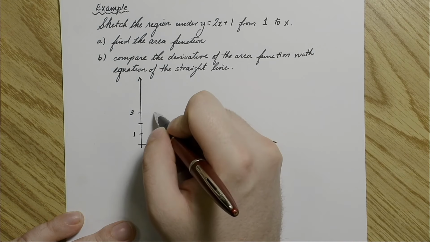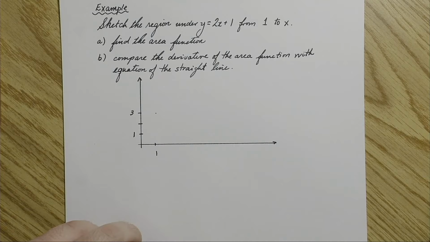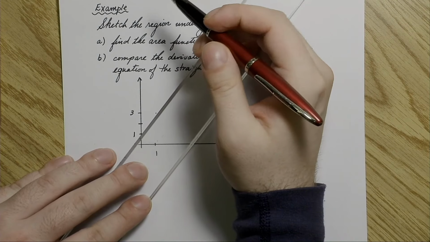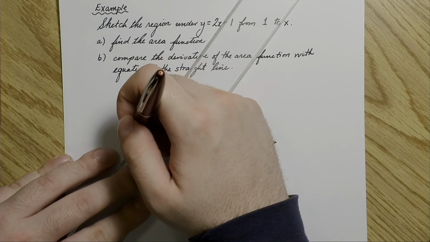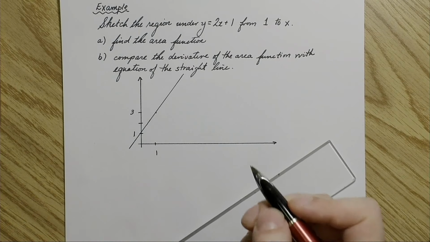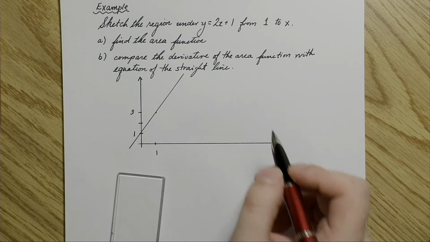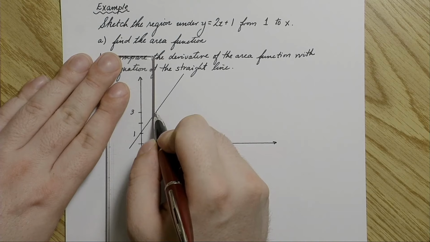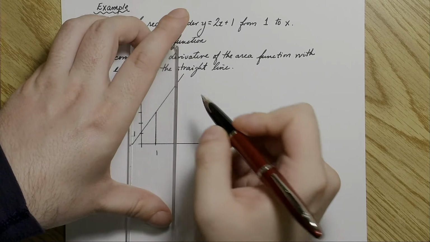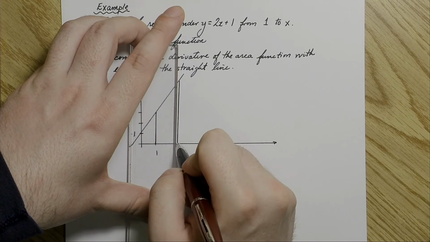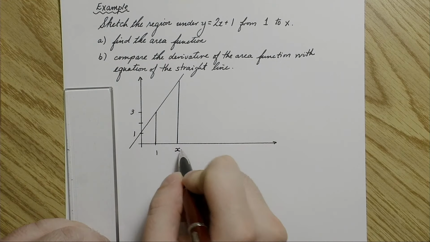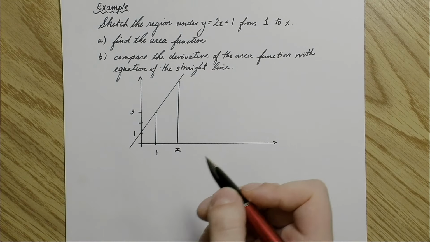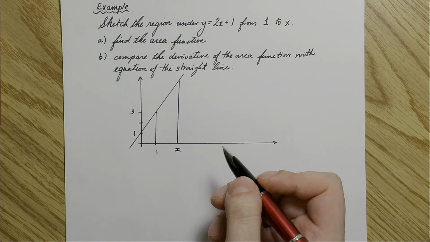There's 1, so it needs to go up through that point. Lovely. And so we need to go from 1 to x. X is just a variable, it's arbitrary, so let's just say about here.